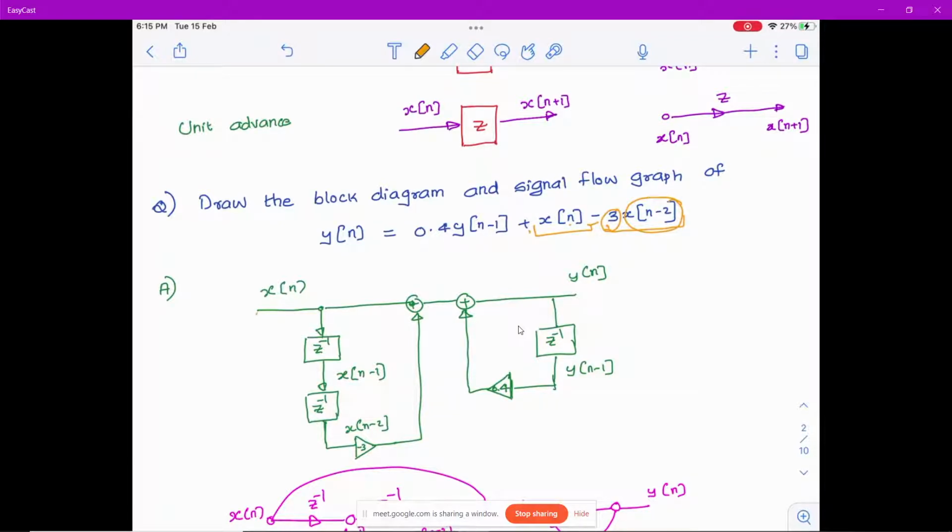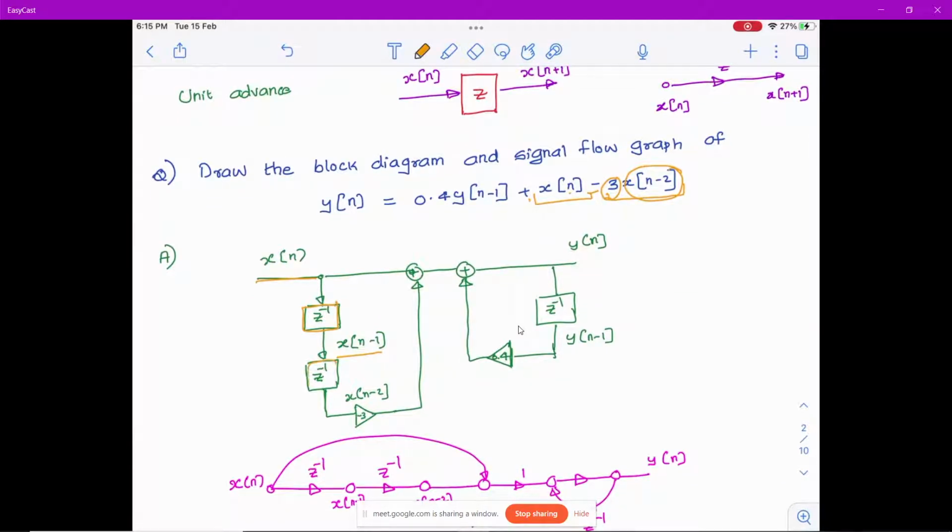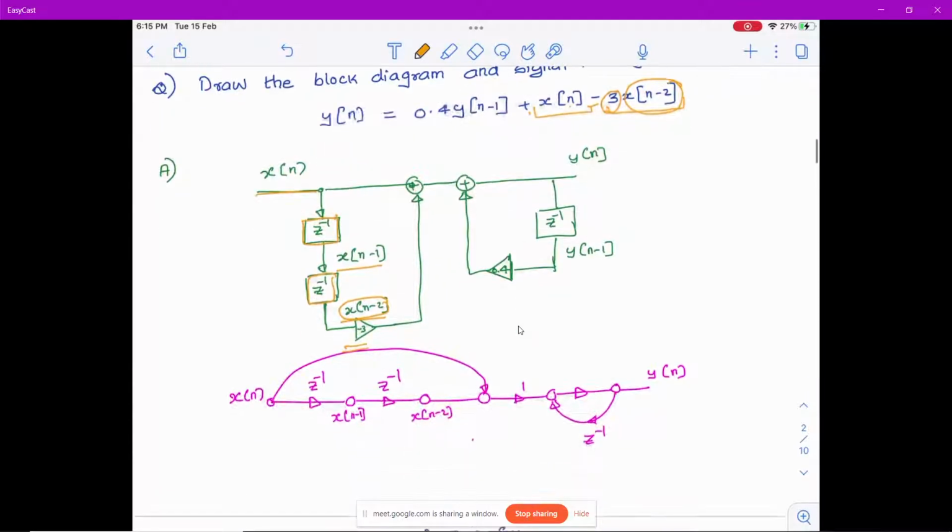So if you look at this block, you have x of n. You delay it twice. The first delay will give you x of n minus 1. You delay it again. The second delay will give you x of n minus 2. Now you want to multiply it with minus 3. So after this, if you have a multiplier block minus 3, then the output which is coming here is minus 3 x of n minus 2 at this point, which will go to this adder.